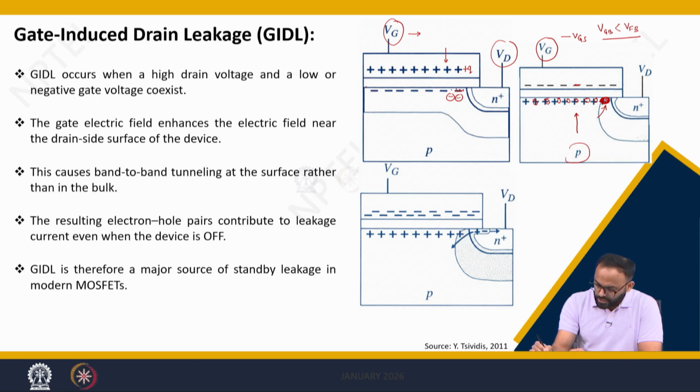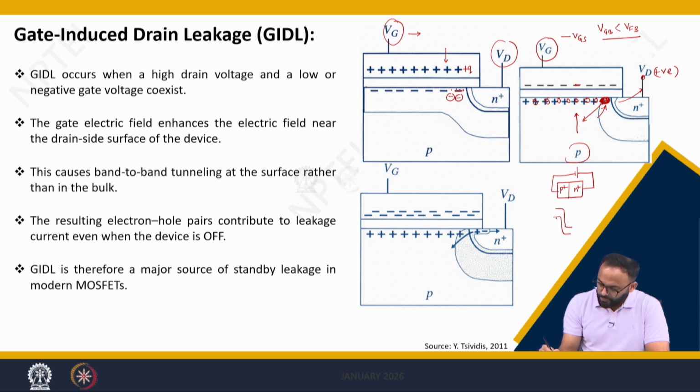If the concentration of holes here is higher and the concentration of electrons is higher, because it is the N plus region, it forms a P plus N junction. And now if you apply a positive voltage at the drain, you are actually making a reverse biased PN junction which is heavily doped, meaning if you see the band diagram, it looks like this.